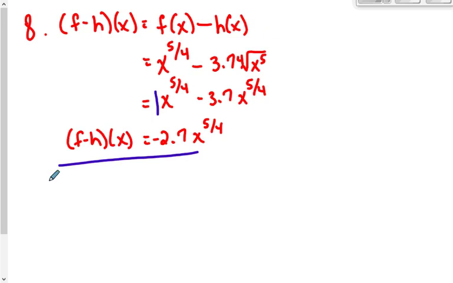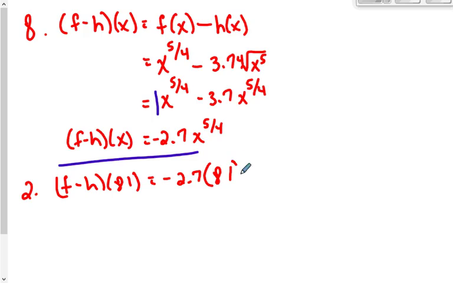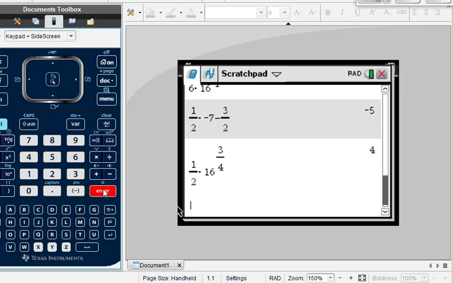So now, that paired with number 2, all I have to do with number 2 is plug it in. If I have f minus h of 81, then I just plug the 81 in. Negative 2.7 times 81 to the 5 over 4. So here we go.